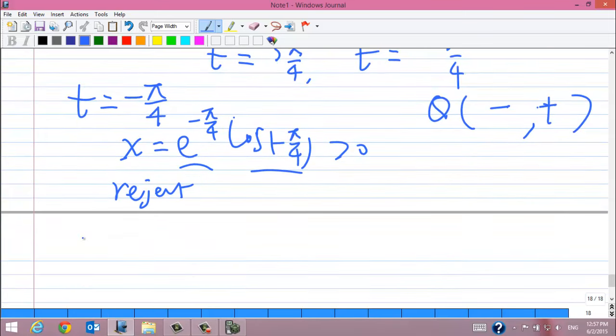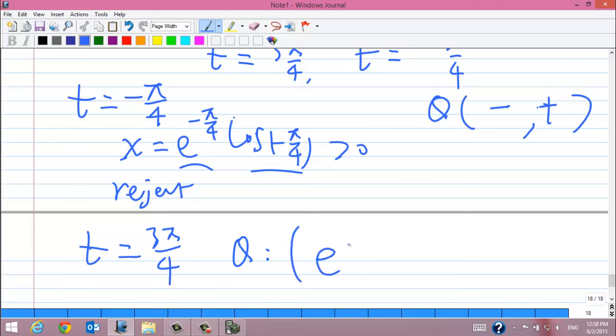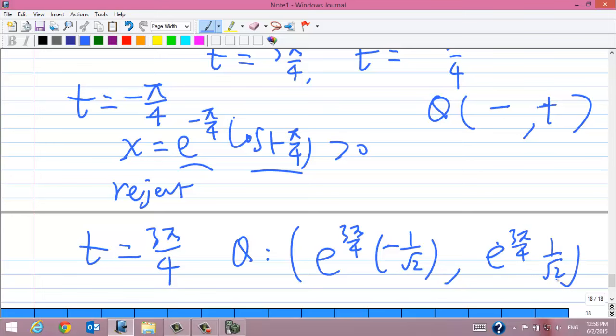So obviously t equal to 3 pi over 4 satisfies Q. Your Q point will be e power 3 pi over 4 times cosine of 3 pi over 4, which is negative 1 over root 2, and of course the y value should be positive. So this is Q.